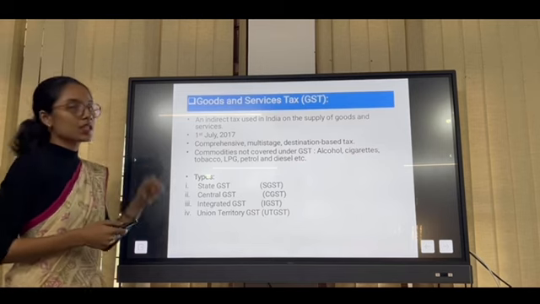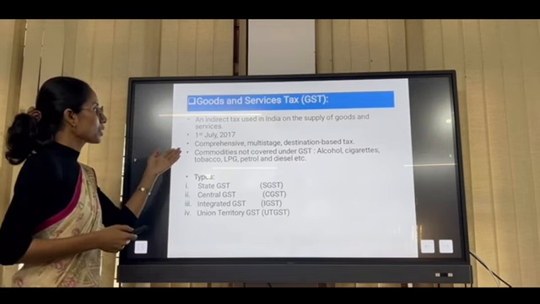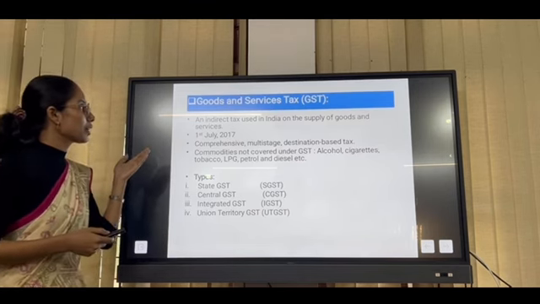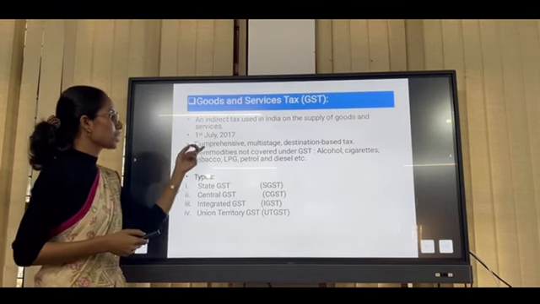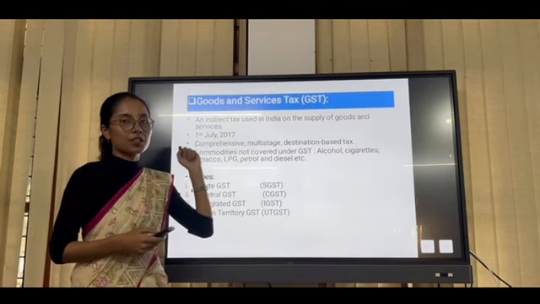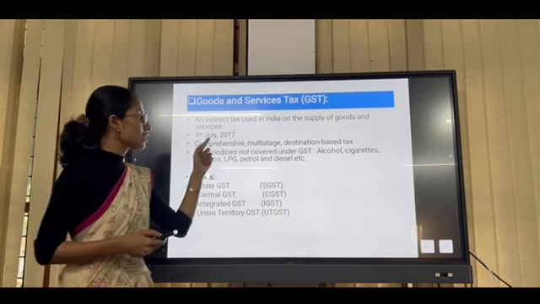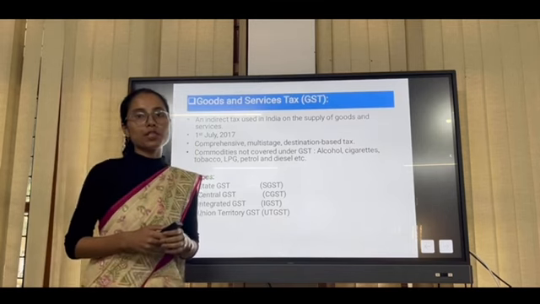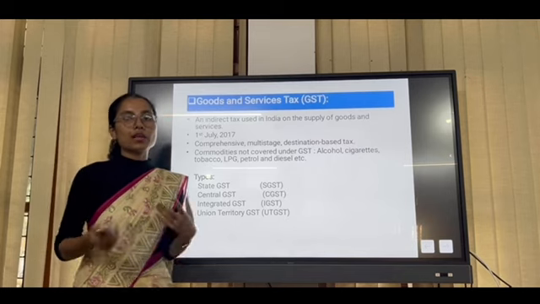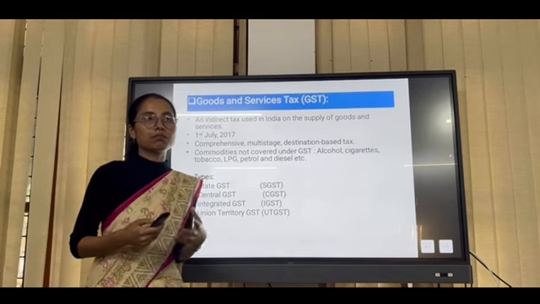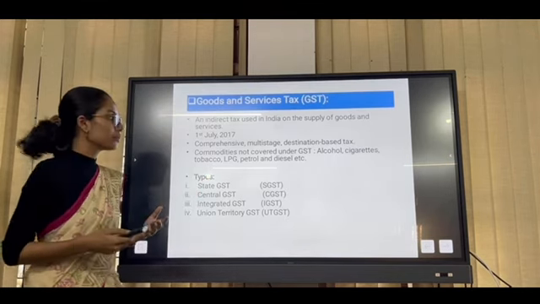Then what is GST? We need to know that it is a type of indirect tax which is a comprehensive, multi-stage, destination based tax. Why comprehensive? Comprehensive means that it replaced all other types of indirect taxes that prevailed earlier.